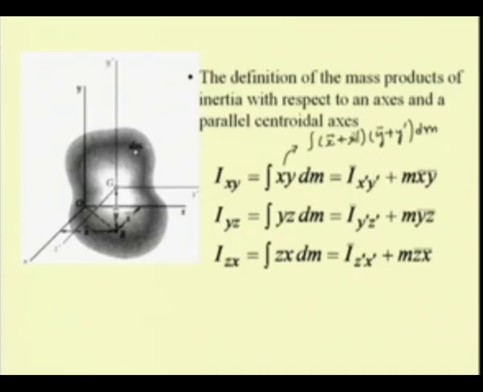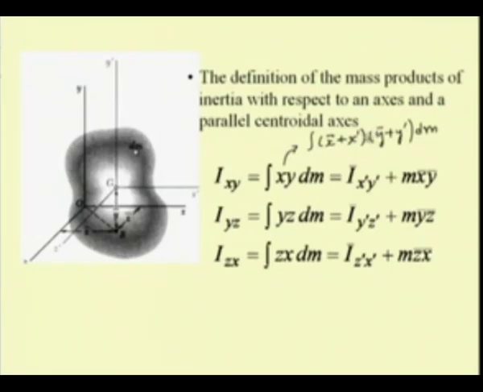The other two products, that is integral x bar y prime dm, is nothing but the summation of the first moment of the mass with respect to a centroidal axis, and the same way this quantity, the integral of x bar y bar dm, is again nothing but the first moment of the mass with respect to a centroidal axis.